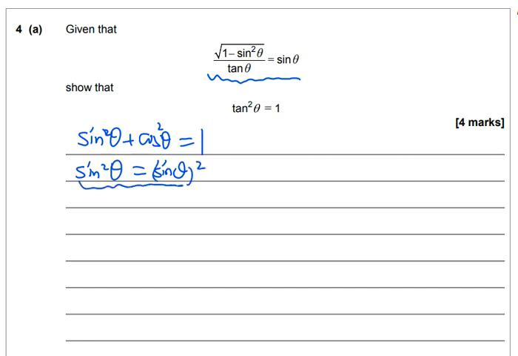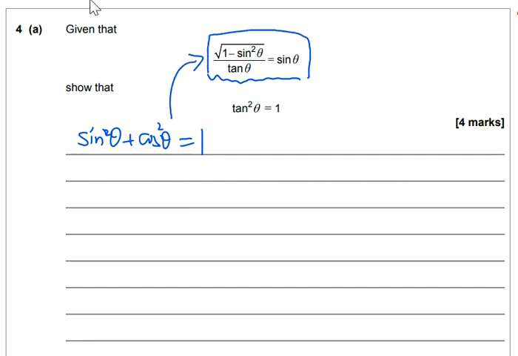They are exactly the same, just different notations, different writing styles. So we are going to use this and combine it with this equation given to prove this. Now let's see.